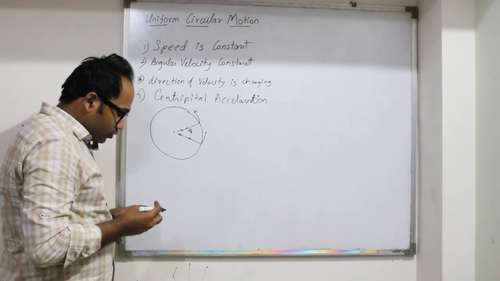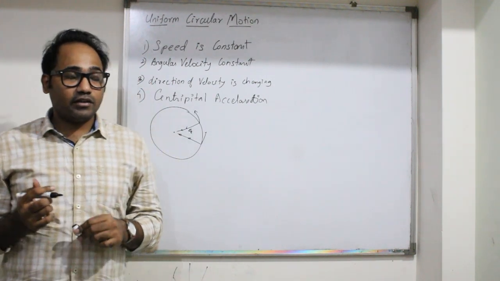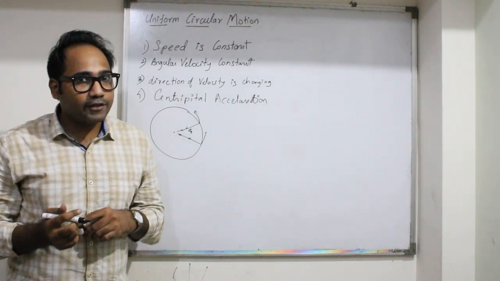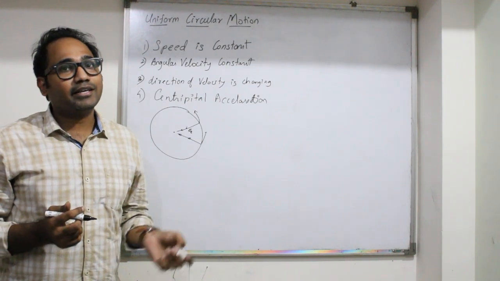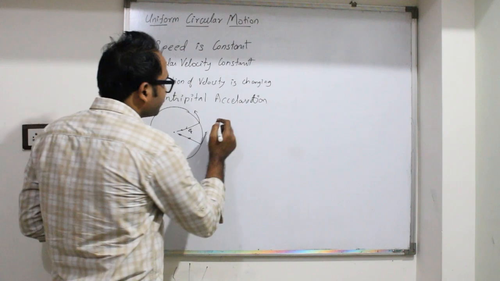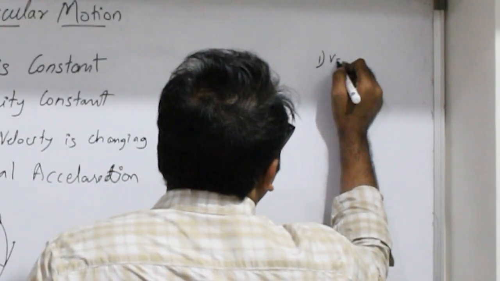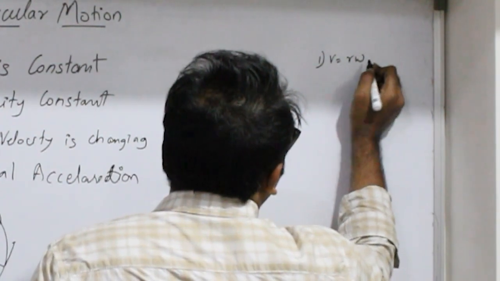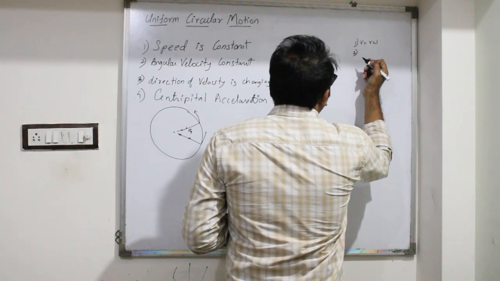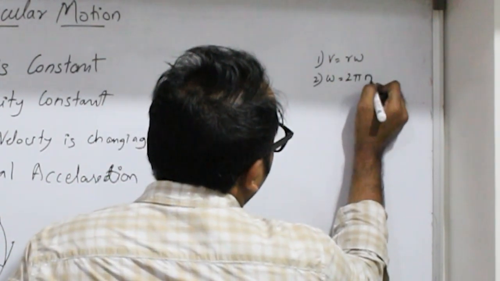In the last lecture we had covered the characteristics and the kinematics. In that we covered two formulas. What were those formulas? I'll write it here. v is equal to R times omega, and the second one was omega is equal to 2 pi n.